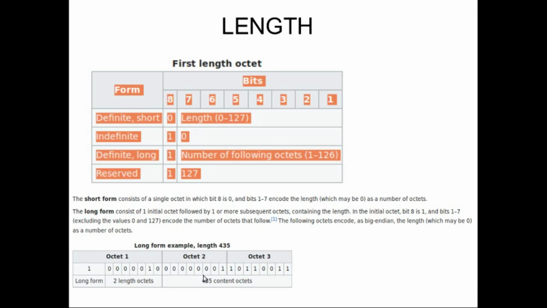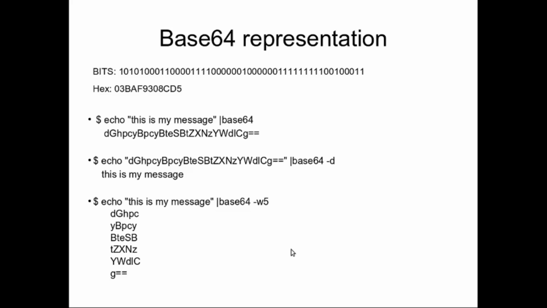It's a big endian format, so you combine all these bits, and that represents 435 content octets, which means your message is 435 bytes long. Okay, so that is how TLV is presented.